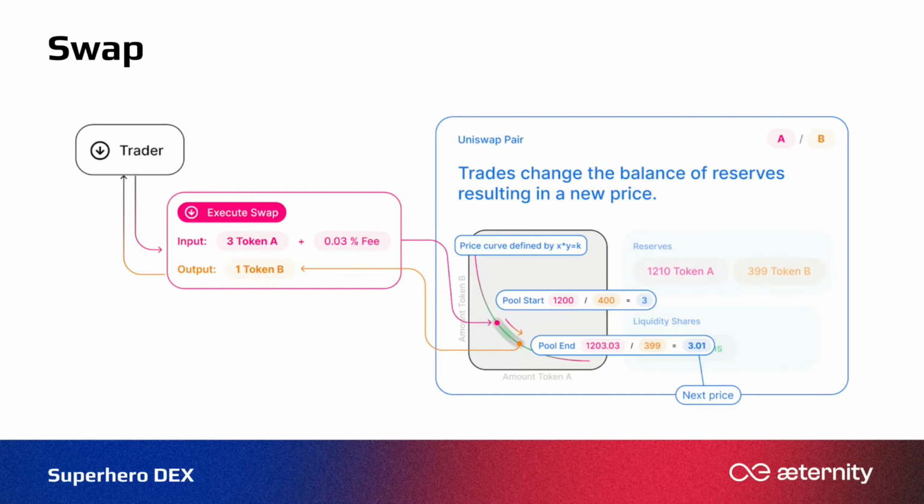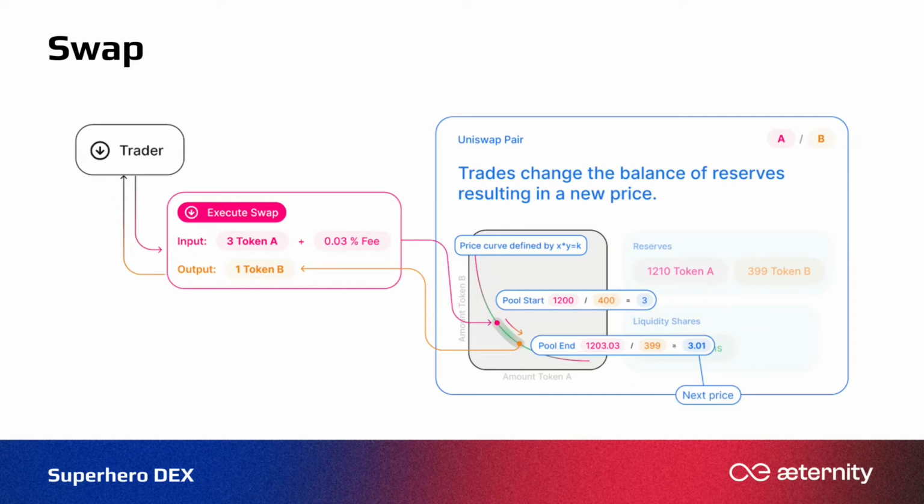So consider a trader on the top left. They input 3 tokens here, token A in this case, and there is a small fee attached to that. I'll get to that in a second, but just consider it an add-on to the input tokens.